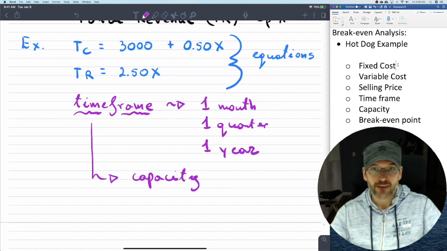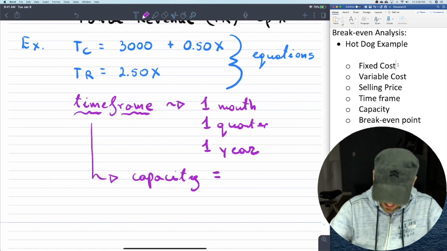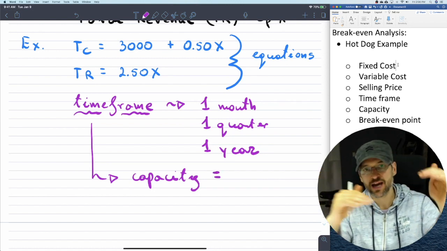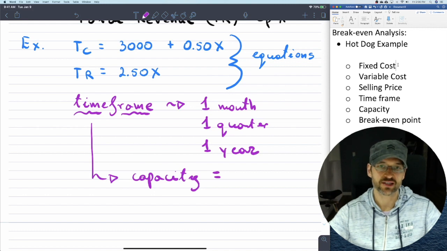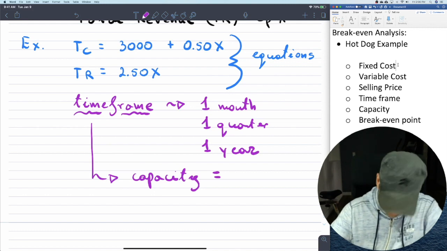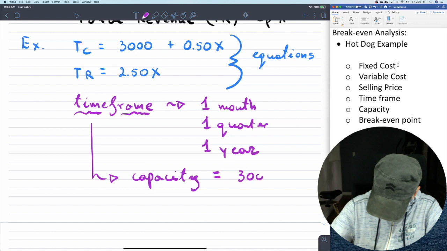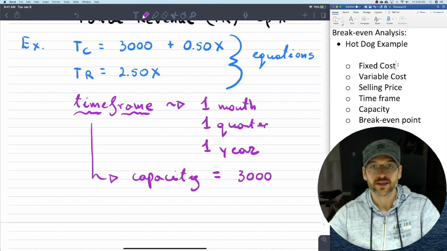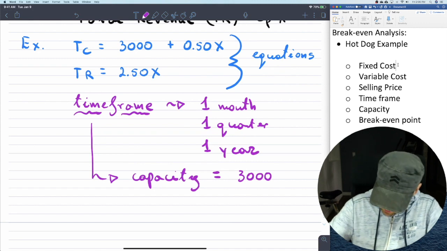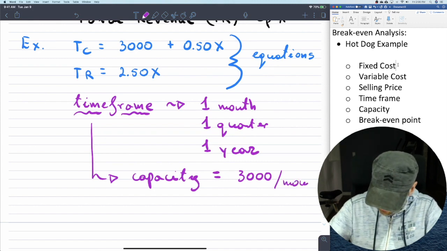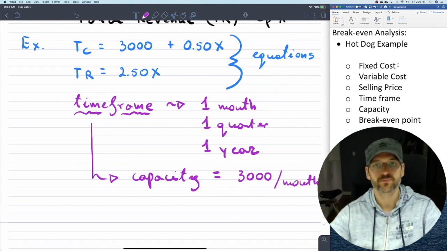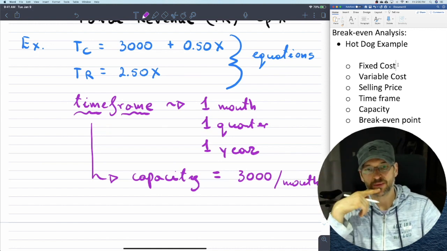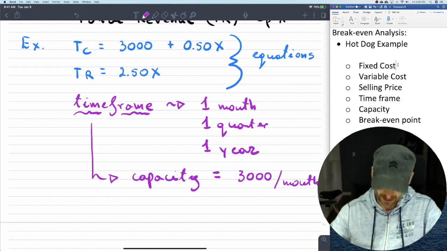So that's what we call a capacity. That's the maximum for your time frame that you can actually sell. So let's say for this particular example, maybe we're in New York or in Toronto or somewhere in a big place, we can sell 3,000 hot dogs every single month. That's our capacity. So capacity is always the maximum amount.